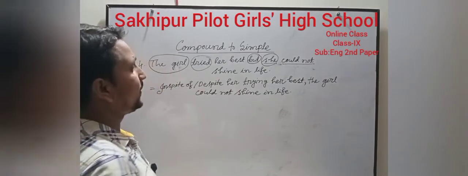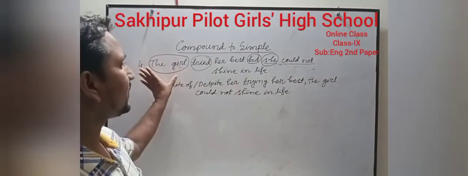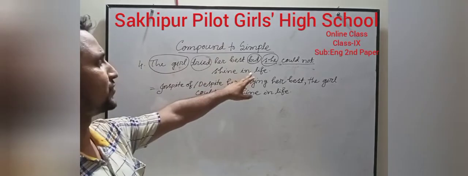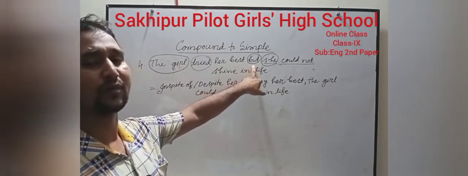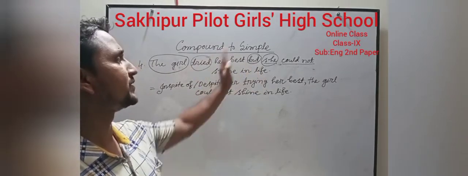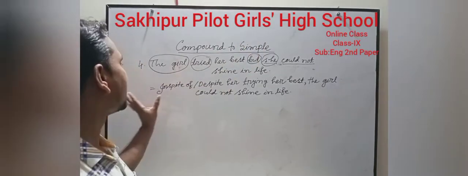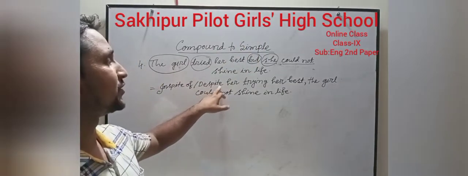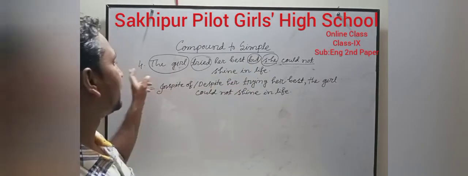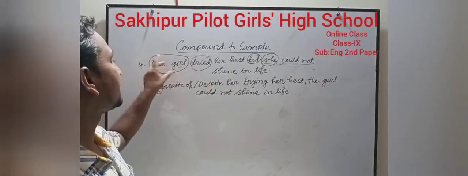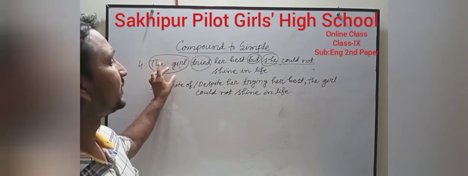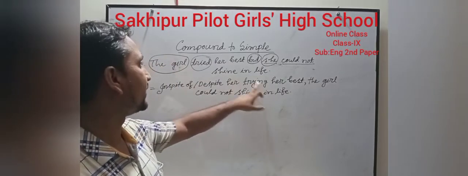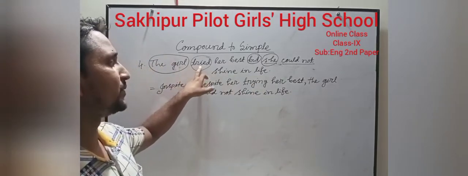Listen to me carefully. If the conjunction "but" is in a compound sentence, and you want to change into simple, at first you have to write "in spite of" or "despite" instead of "but". Then you have to write the possessive form of the subject. Then you have to write the ing form of the verb, that means participle.